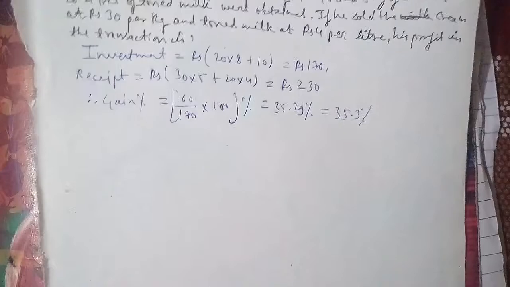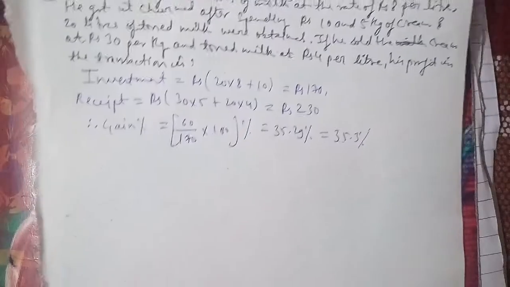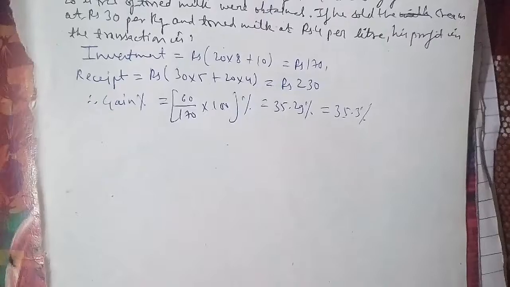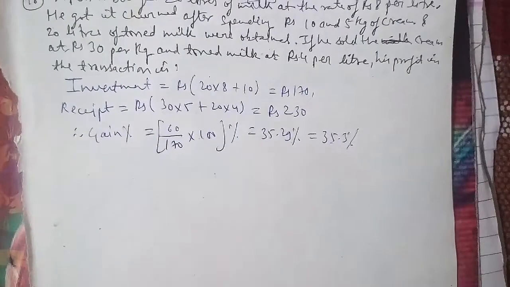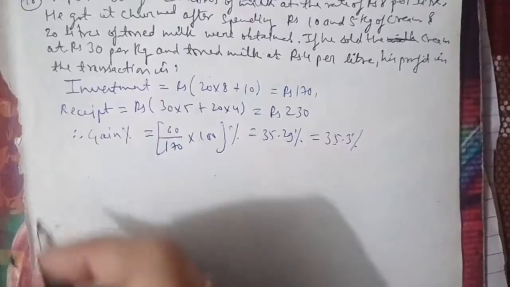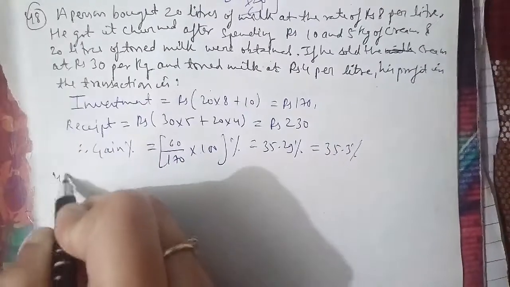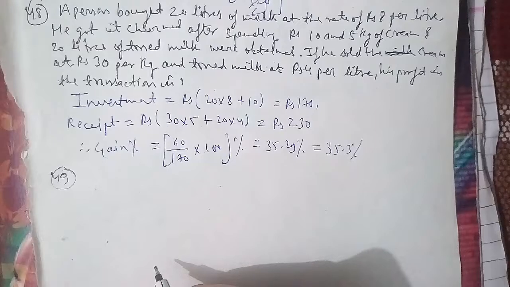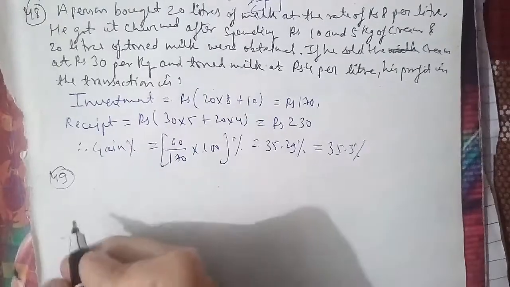So the 49th question we have here is: Jacob bought a scooter for a certain sum of money.